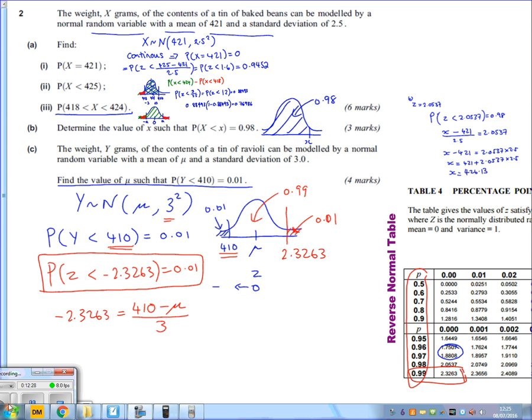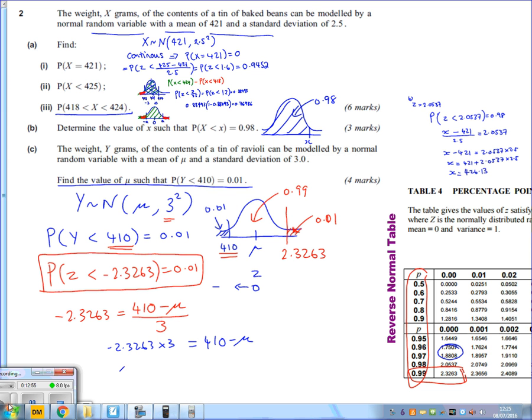So I'm just going to solve this like I did before. So this time I've got minus 2.3263 multiplied by 3 on the left-hand side equals 410 minus mu on the right-hand side. Now, some people think they can just take off 410 from both sides and that would give them the same answer. So we just need to be careful when we're rearranging.